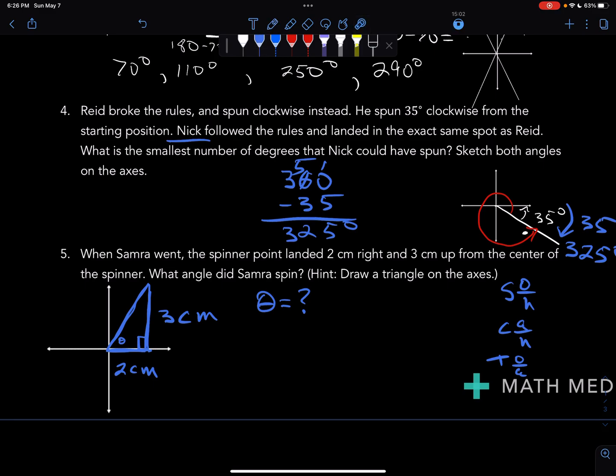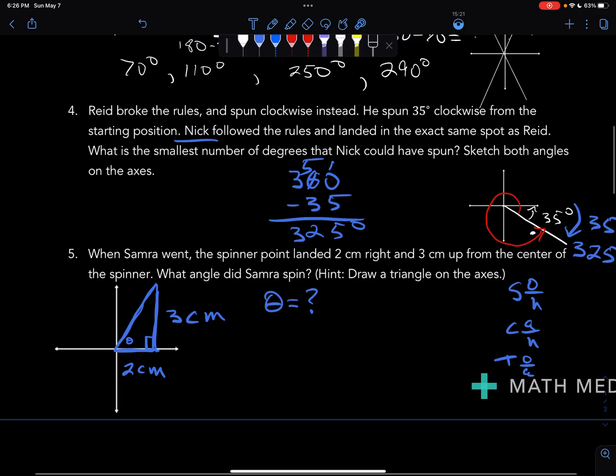So if we're looking at our 3 centimeters, we are opposite, and then the 2 is adjacent. Remember, this is the hypotenuse, so that's not within this. So we have opposite of theta and adjacent to theta, so we're going to use tangent to figure that out.